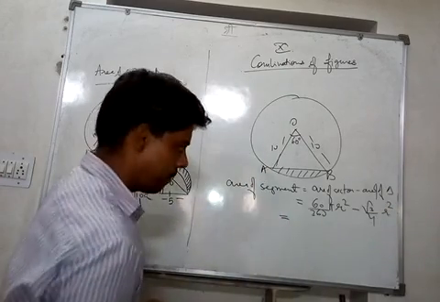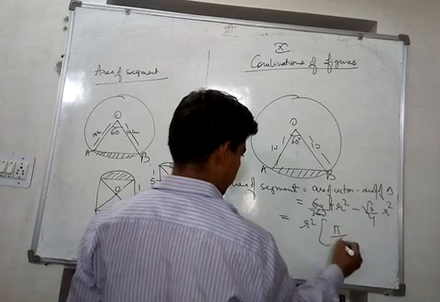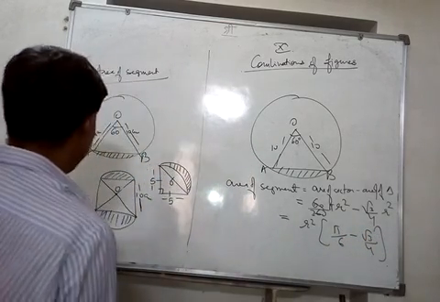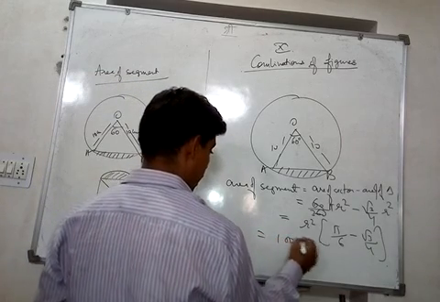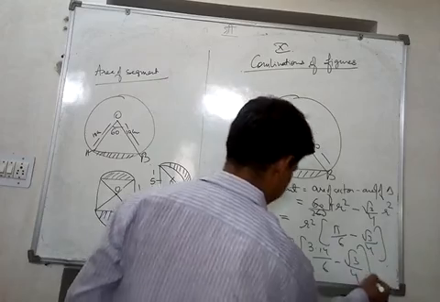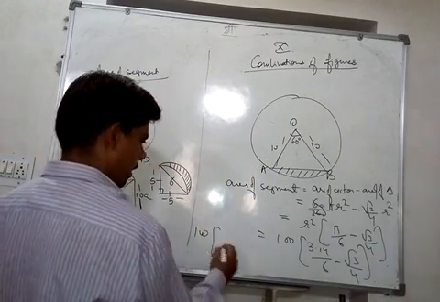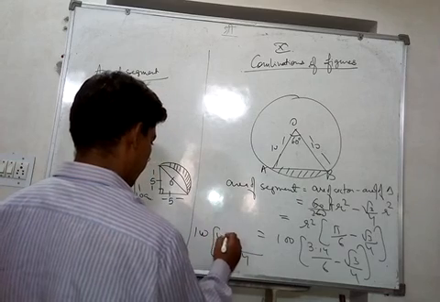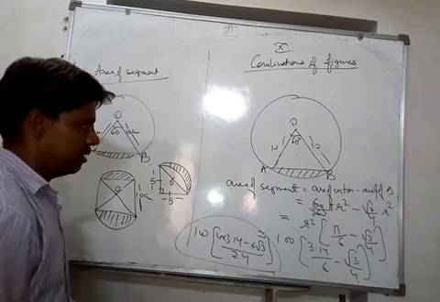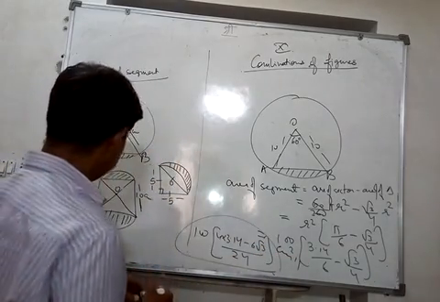So first take r square common, and this is 1 by 6, so pi upon 6 minus root 3 by 4. Here you can put the value of 10, so this is 100, and use 3.14. Take the LCM and solve this, so you get the answer in centimeter square. This is your area of segment.